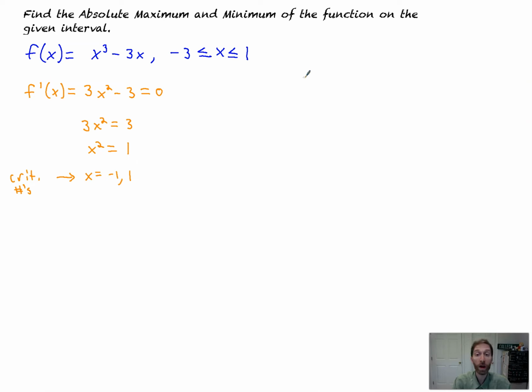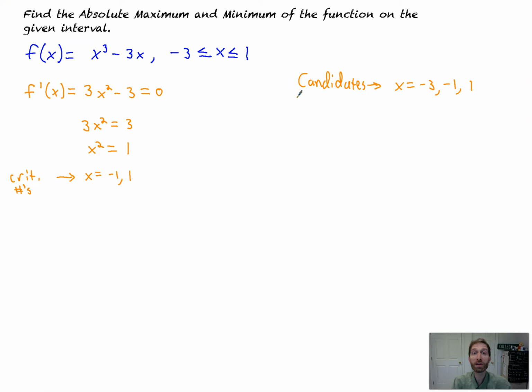Now, what I want to list now are my candidates. So all you have to do, once you've figured out your critical numbers, list out your candidates. So the candidates for the absolute max and min would be x equals, in numerical order, -3, -1, and 1. Because one of your critical numbers ended up also being the endpoint.